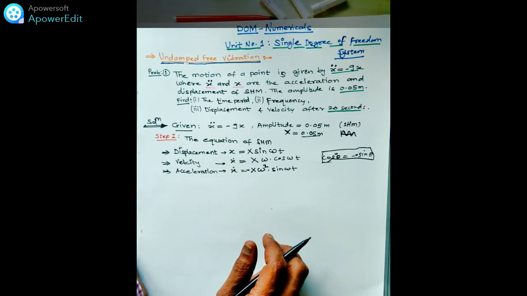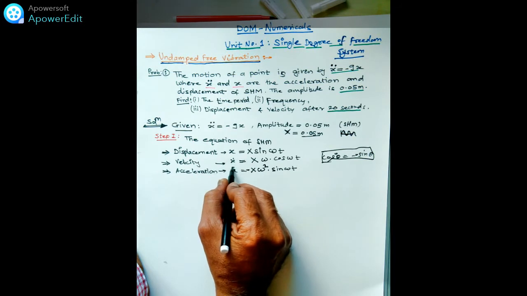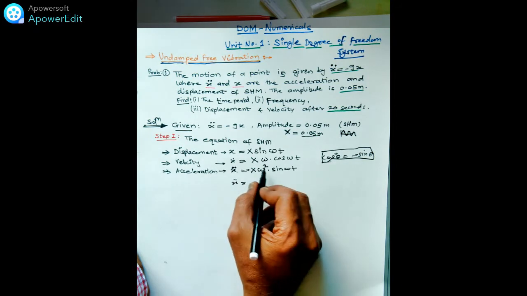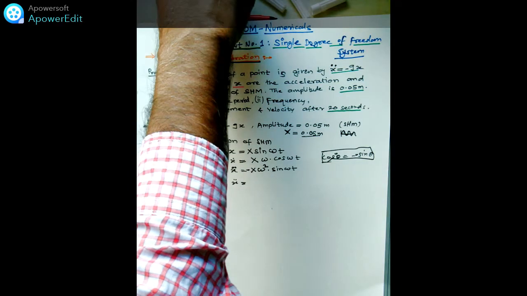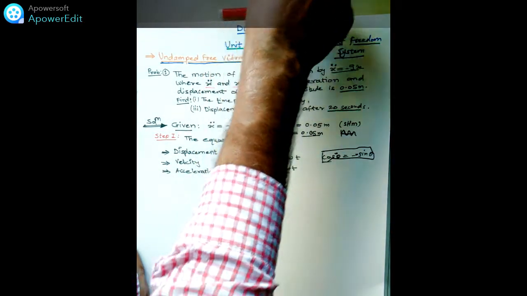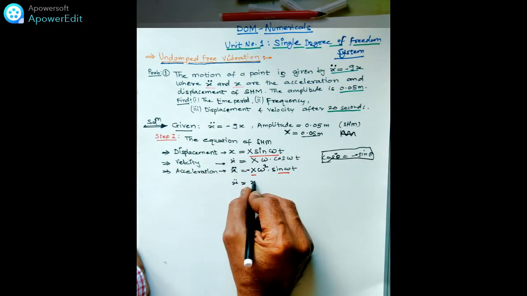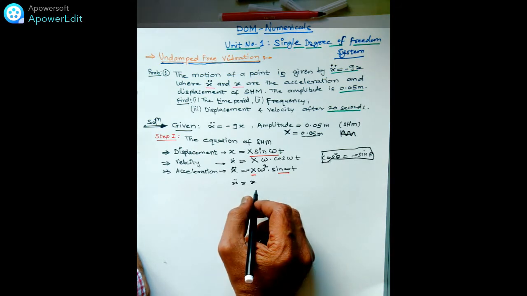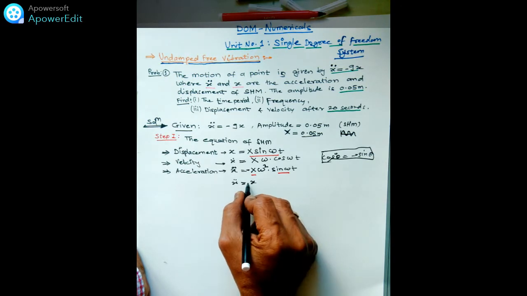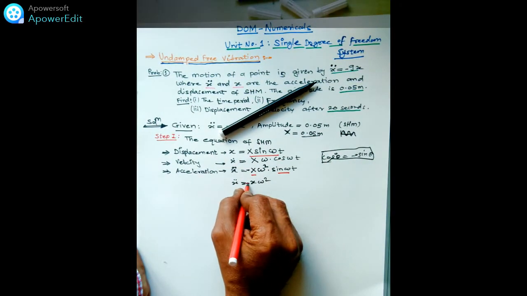So friend, these are step 1. But what is happening here? This x double dot, by using these two terms, this term and this term, which is equal to x, we can write these two terms as equal to small x, and what remains becomes minus omega square.